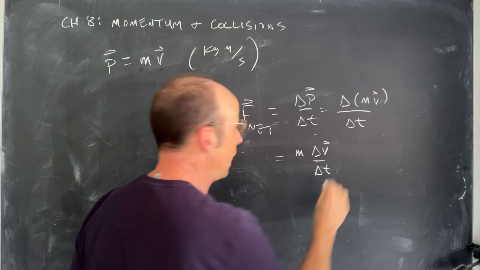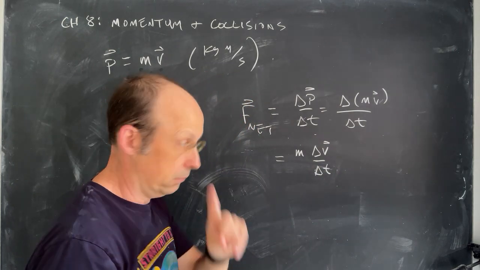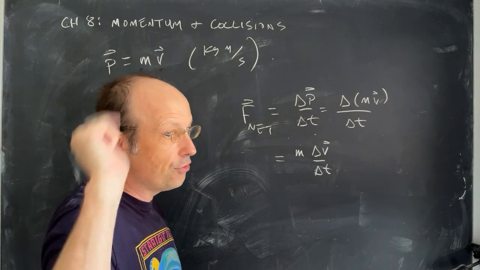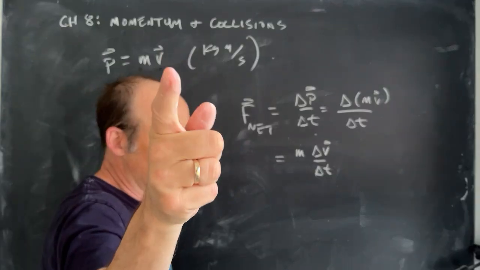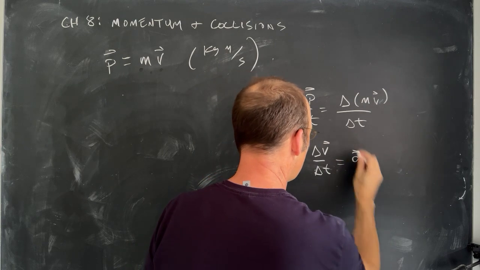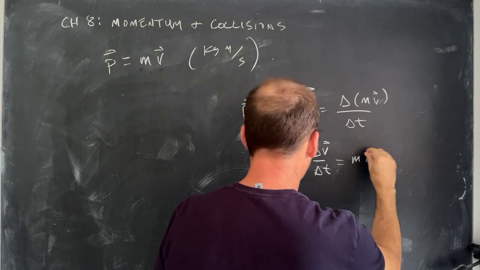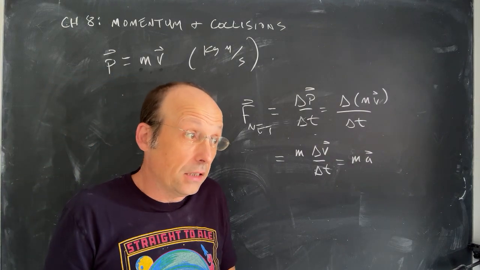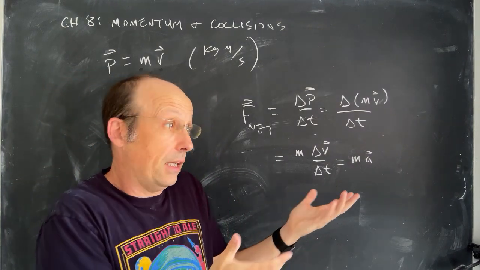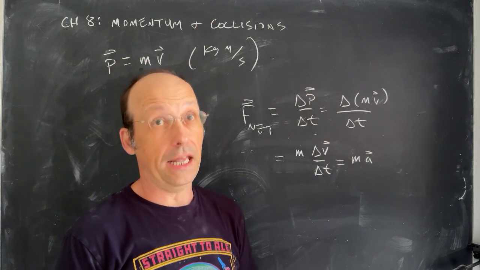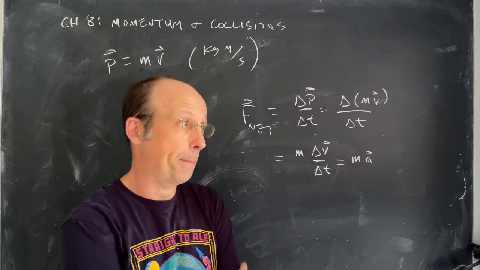I can only do that if the mass is constant. But what's delta v over delta t? What's the rate of change of velocity? You know the answer. It's acceleration. I've still got the m there. So the momentum principle is essentially the same as Newton's second law. It says that forces change the motion of an object. It's just a different way of looking at that in terms of momentum.